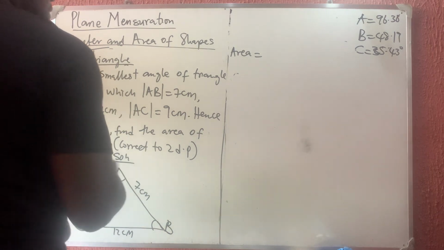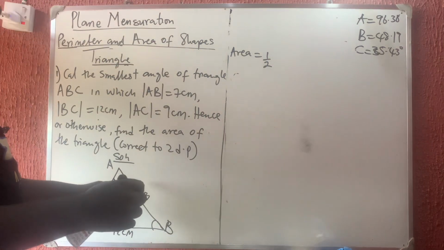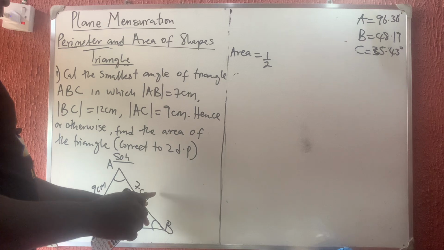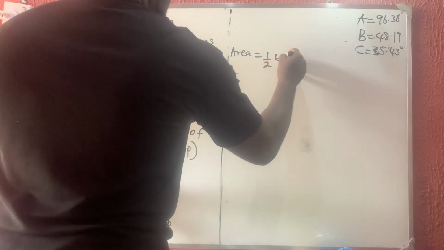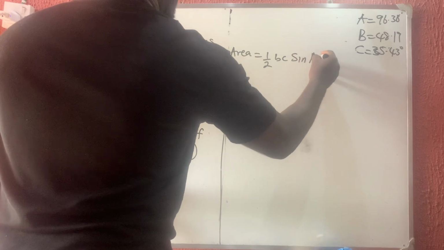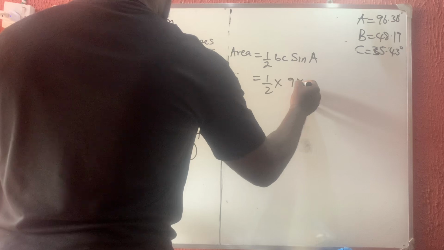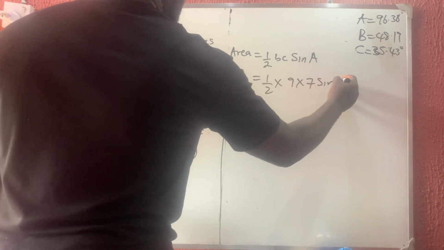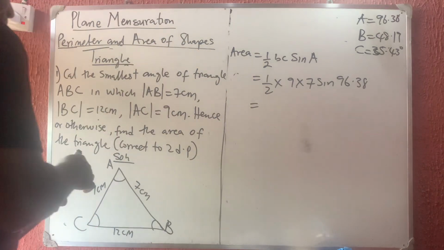Okay, so I'm using angle A. If I'm using angle A, it is going to be 1 over 2 times the two sides between A, so 9 and 7 are between A. So I'm going to say 1 over 2 times BC sine A, which is 1 over 2 times my B, 9, times my C, 7, then sine 96.38. So let's do that.